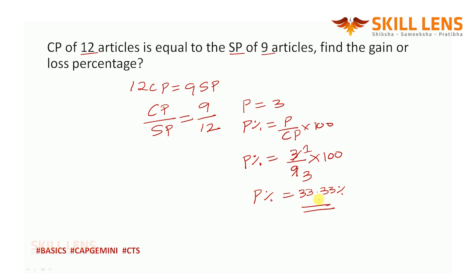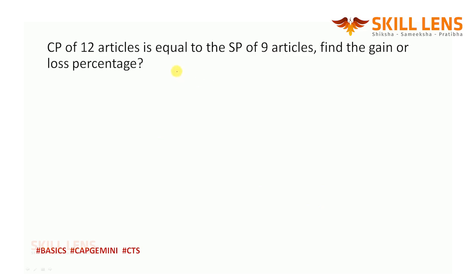But how to do this question without using pen and paper? Yeah, the visualization method. Okay, point number 1: first, you have to decide whether you are getting profit or loss. How? Very simple. You have to understand the question properly. Cost price of 12 articles is equal to the selling price of 9 articles.